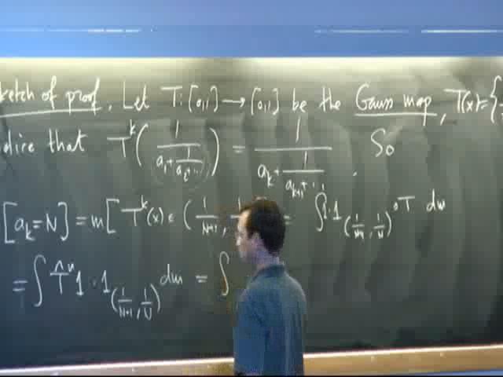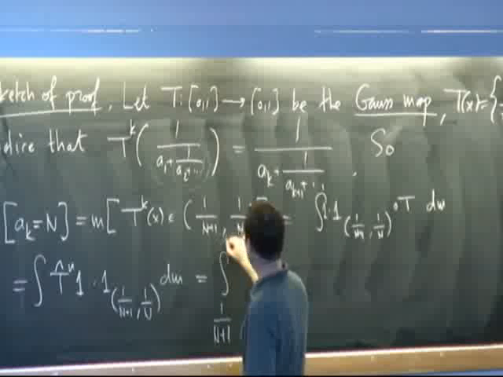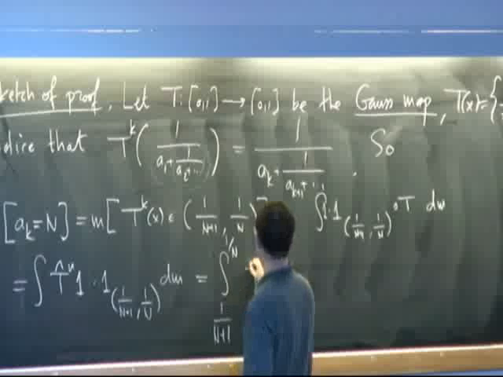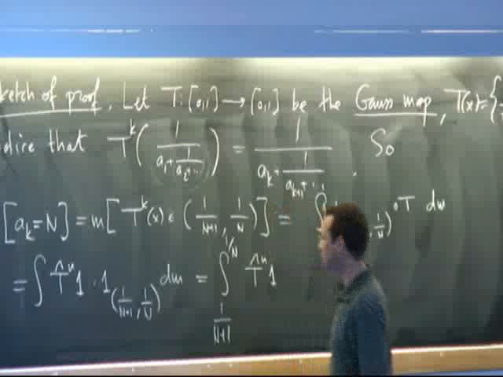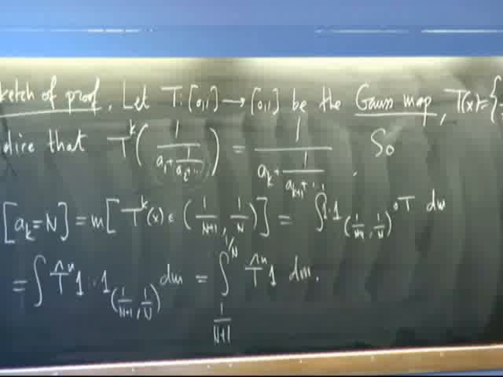Now, you can see from this formula that if we can show that the transfer operator applied to the constant function converges exponentially fast to the only possible limit, which is the absolutely continuous invariant density, then we'll get this result.